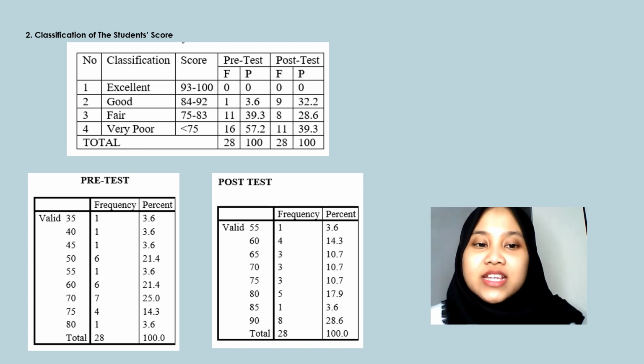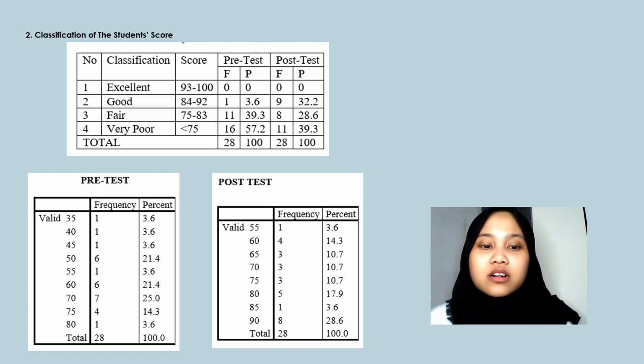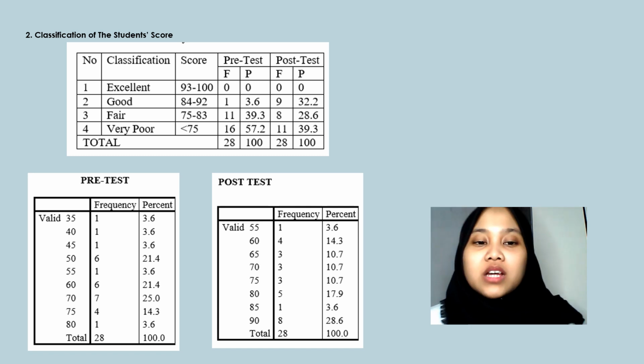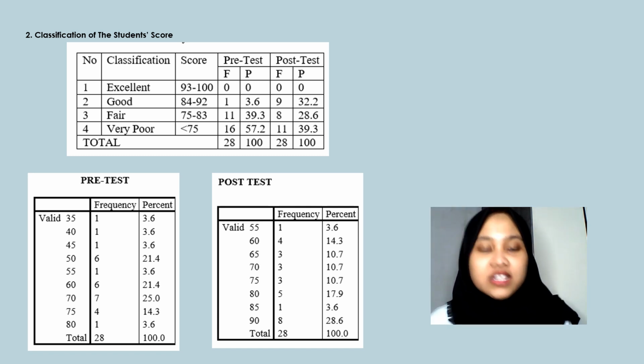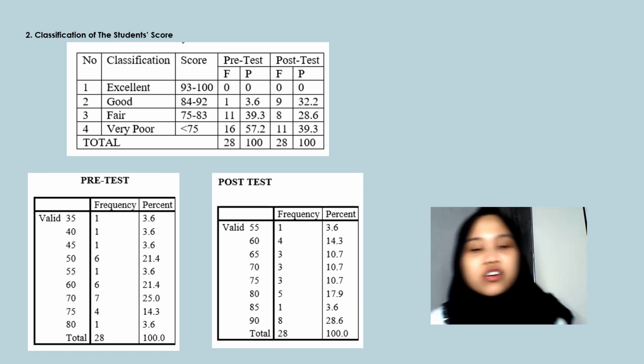The frequency is one student got a good classification, 11 students got fair classification, and 16 students got a very poor classification or scores.